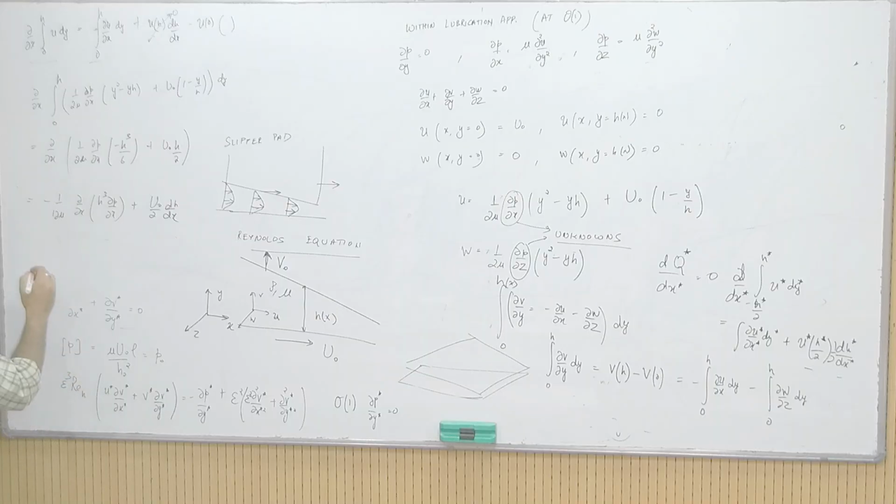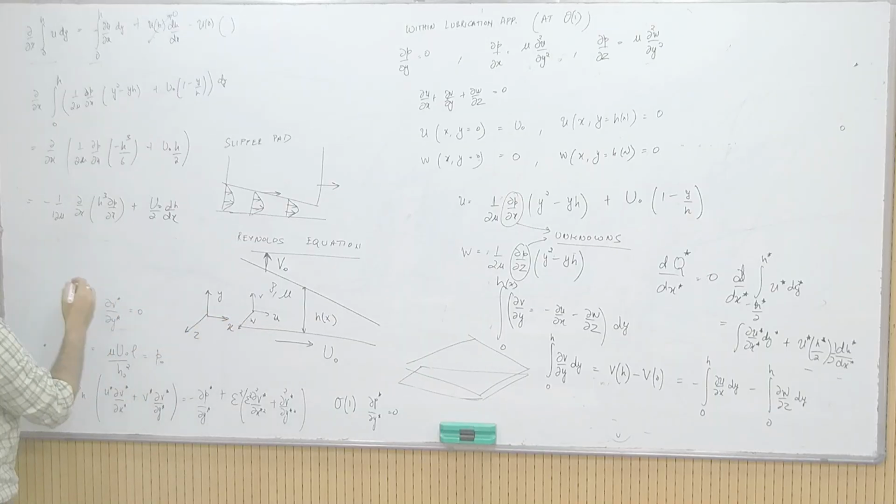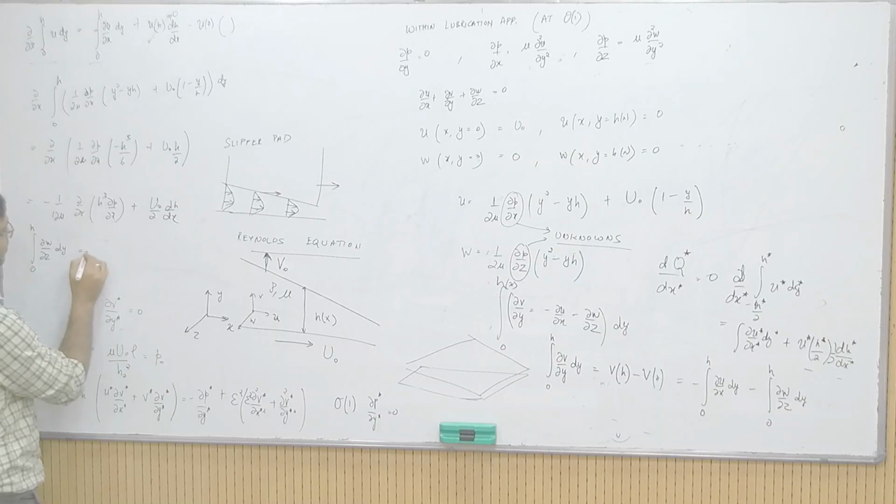Similarly, we can compute del w by del z dy. Even if your h was varying in z, you could pull the differential out of the integral safely, because w at h is 0. So, it will not affect your Leibniz formula.